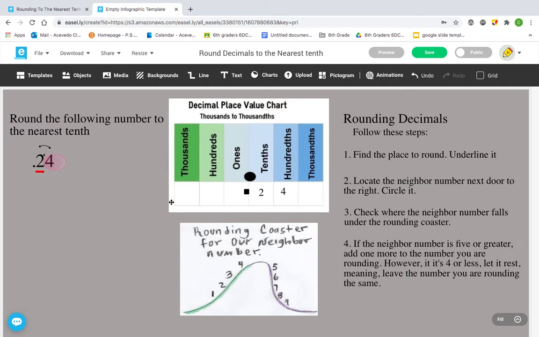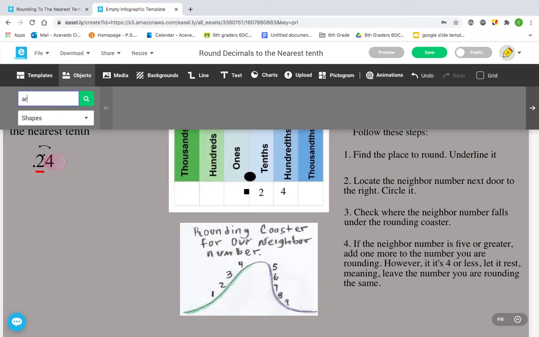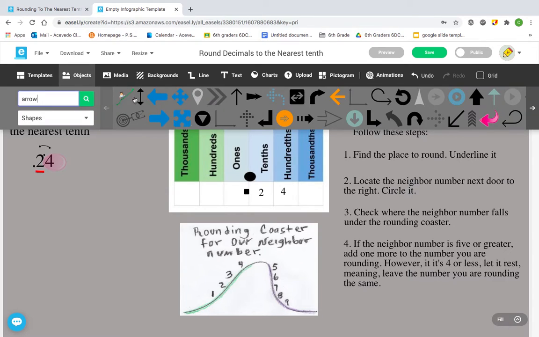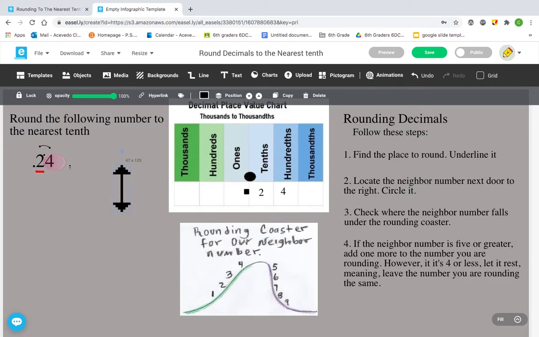So I see that my 4 falls directly on the left side of my rounding coaster.